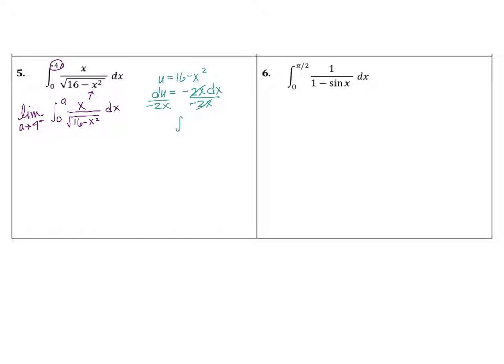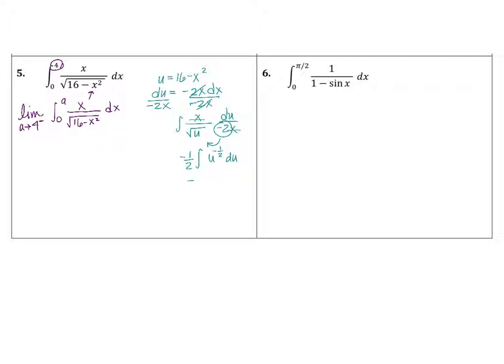I'm going to have the integral of x over the square root of u, and then dx was du over negative 2x, and so those x's will cancel. This is going to move to the outside, and so I've got negative 1/2 integral, and then I'm going to move this u to the negative 1/2 up to the top, and then du.